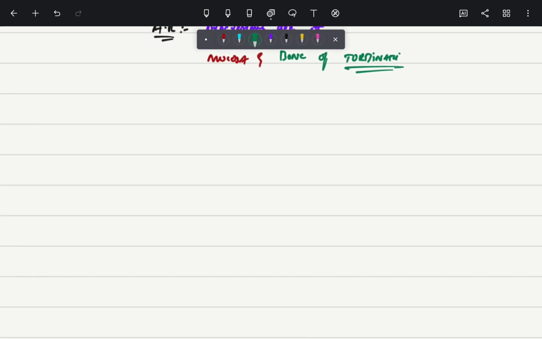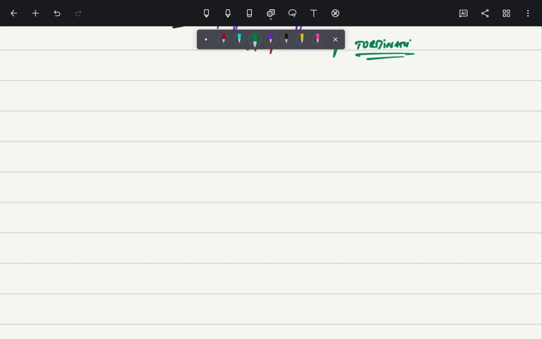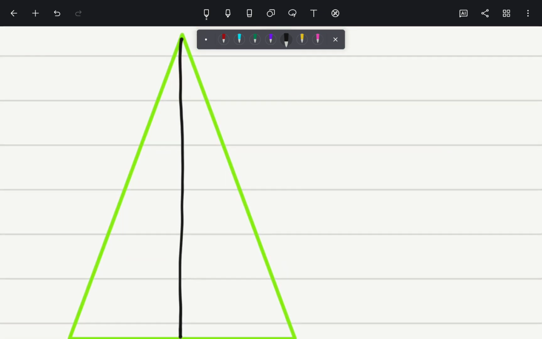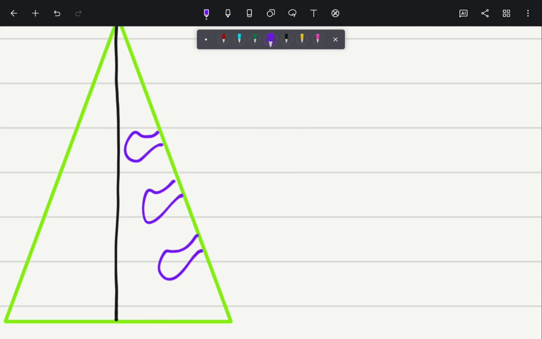So let's draw a small diagram here. Suppose this is the nose, and in the nose we have the midline nasal septum. Usually we have three turbinates: one is the superior turbinate, one is the middle turbinate, and one is the inferior turbinate. These turbinates are made up of the mucosa layer.